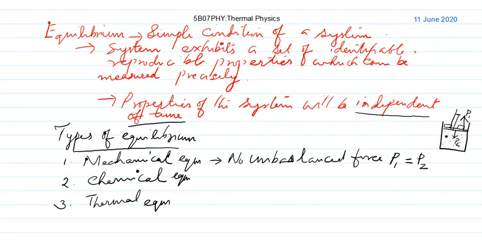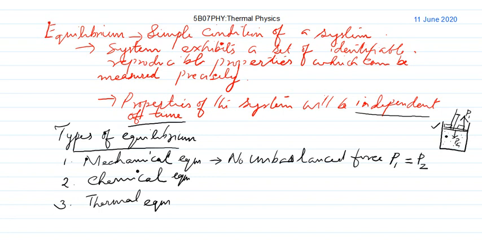The condition of mechanical equilibrium of the system is that the pressure exerted by the gas, P1, should be equal to P2. When P1 equals P2, the position of this piston will remain the same. There is no unbalanced force here, so the system is in mechanical equilibrium.